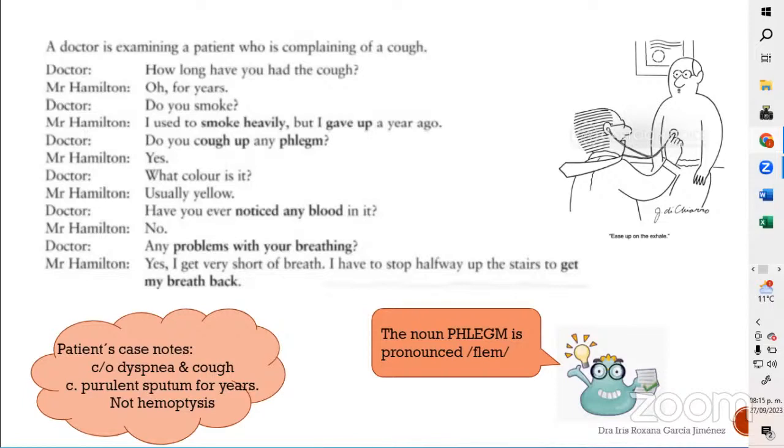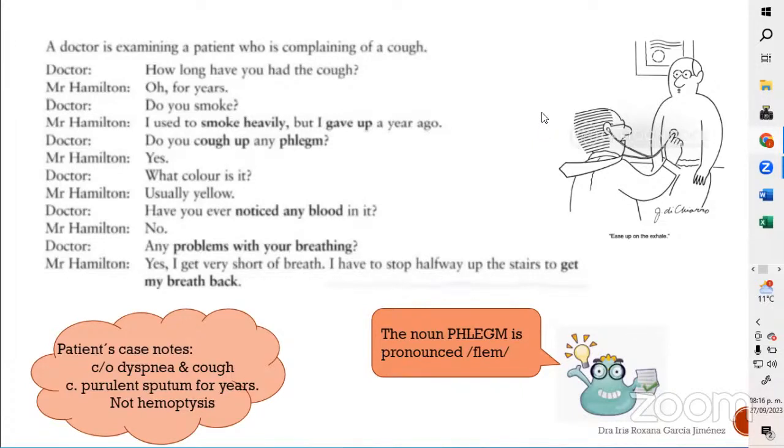Yes. What color is it? Usually yellow. Have you ever noticed blood in it? No. Any problems with your breathing? Yes, I get very short of breath. I have to stop halfway up the stairs to get my breath back.